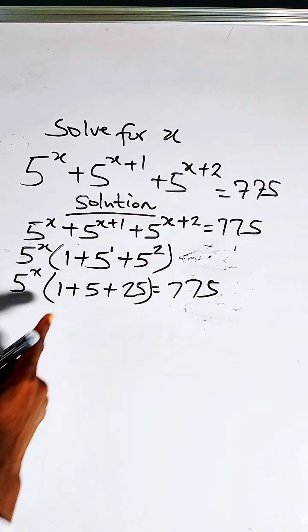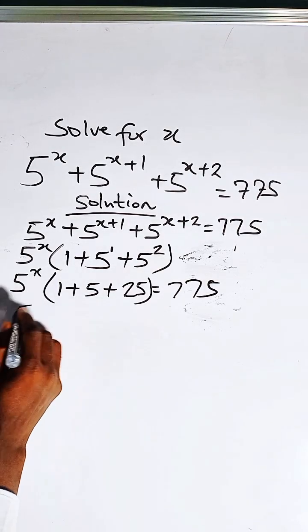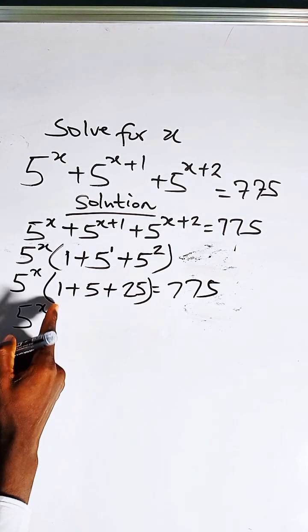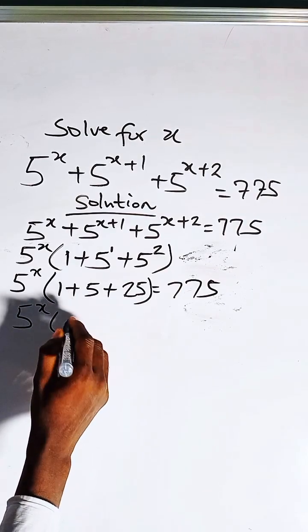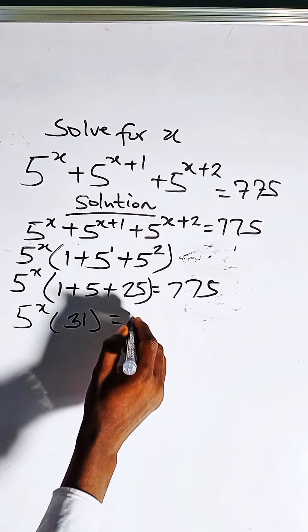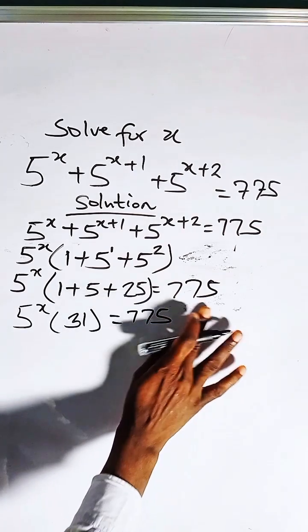Now let us work out the parentheses. So we have 5 raised to the power x, and 1 plus 5 is 6, plus 25, we have 31, equals 775.